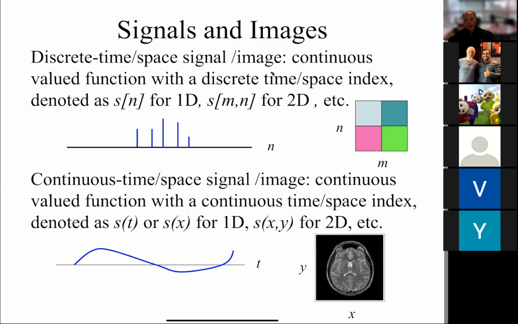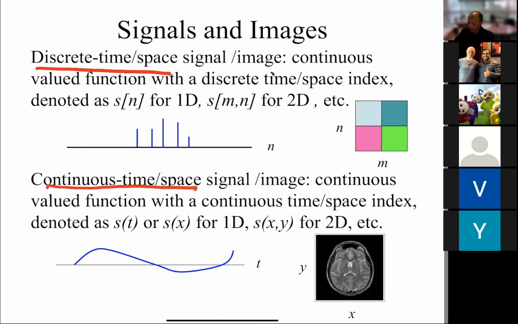But before we do that, let's talk a little bit about signals and systems. In this class, we will make a distinction between discrete time or space and continuous time or space. Discrete functions are defined at discrete indices.